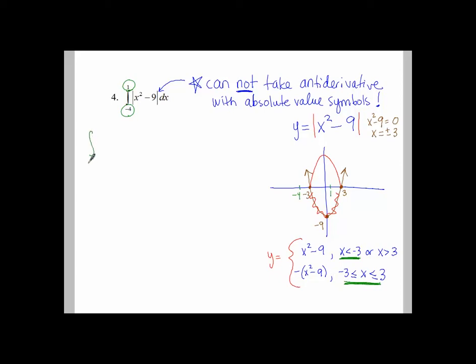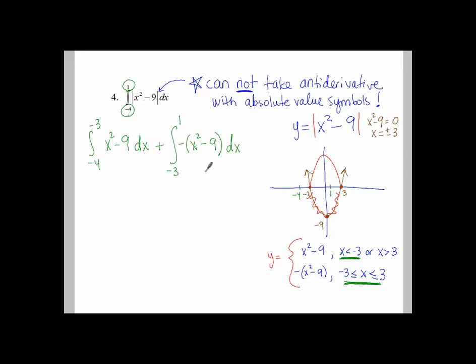So I'm going to start with the integral from -4 up to where this domain ends, -3. And that's of that expression included in that constraint, x squared minus 9 dx. I'll add that to the integral of the other function, the negative of x squared minus 9. I'll pick up where I left off at -3 and we'll end at 1. That's the region that's in this interval.